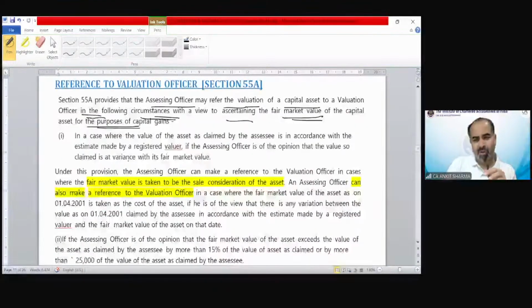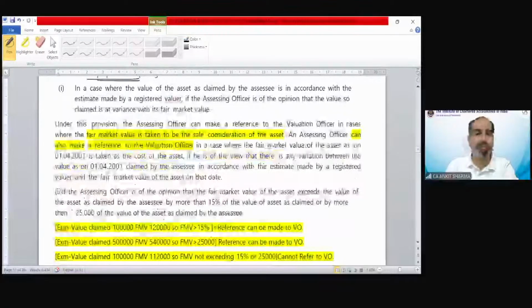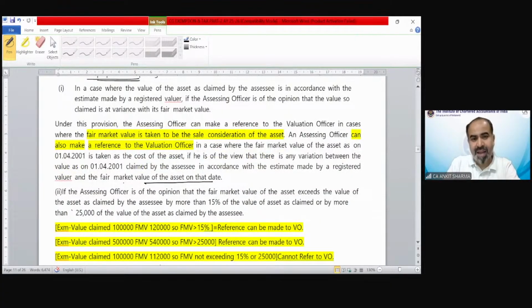For the purpose of referring an asset to the valuation officer for valuation, there are 2 conditions and at least one of them should be fulfilled. So these are the conditions we are reading.